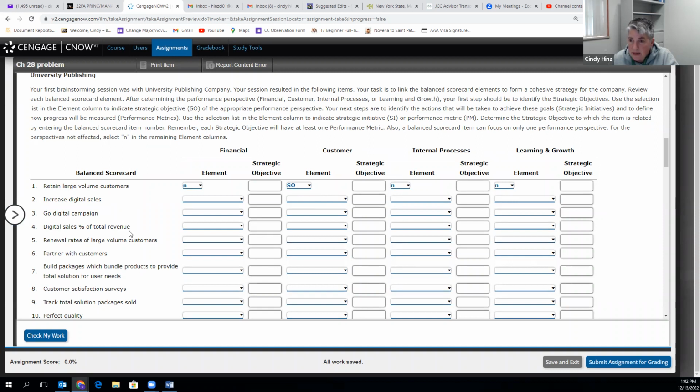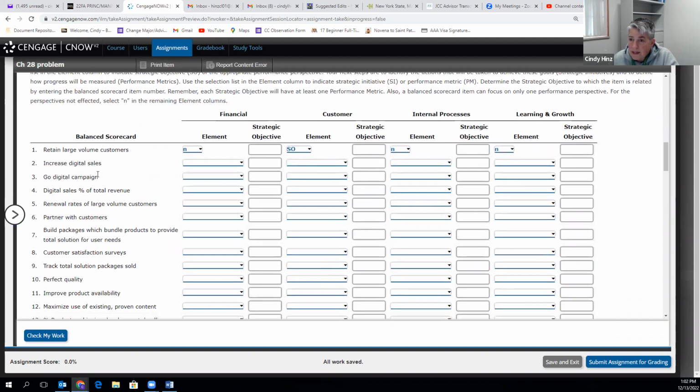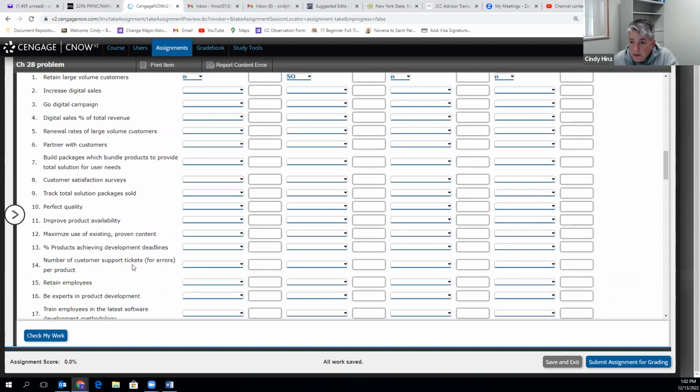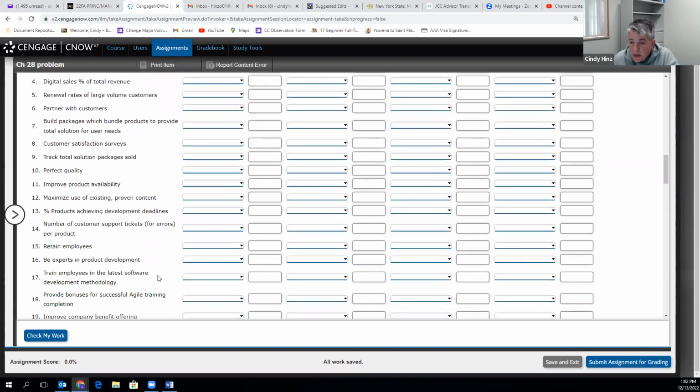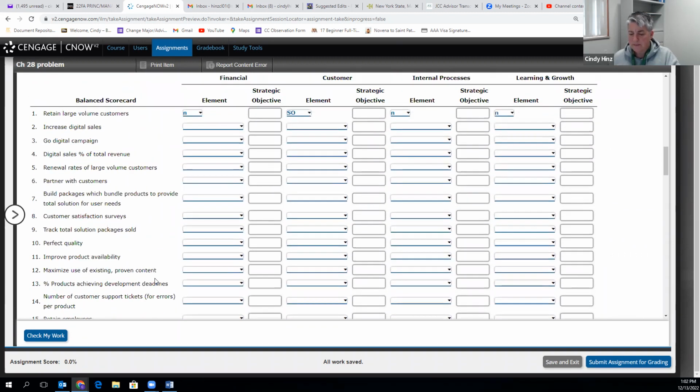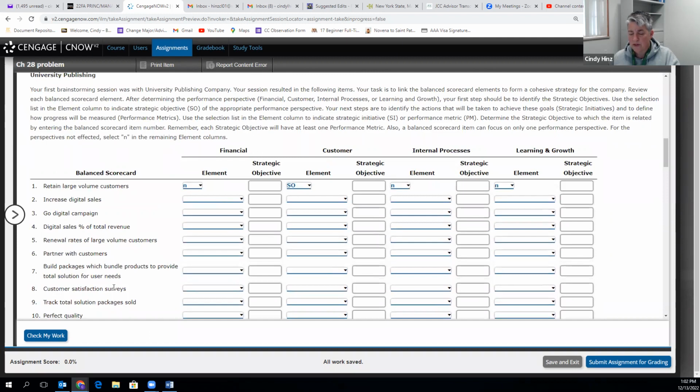Let me scan down this list and see if any of these seem like initiatives that would help us retain large volume customers. I'm looking for something specific related to large volume customers. I don't see any. Okay, so let's try the next line.